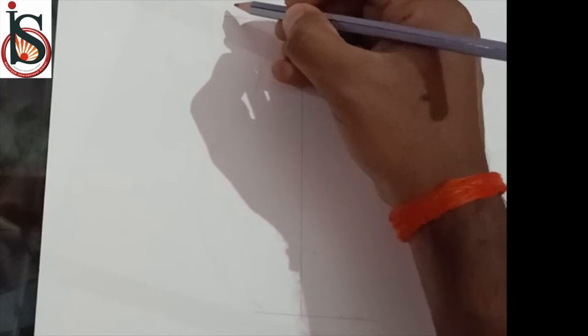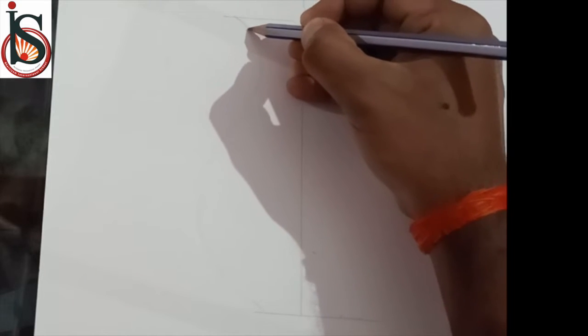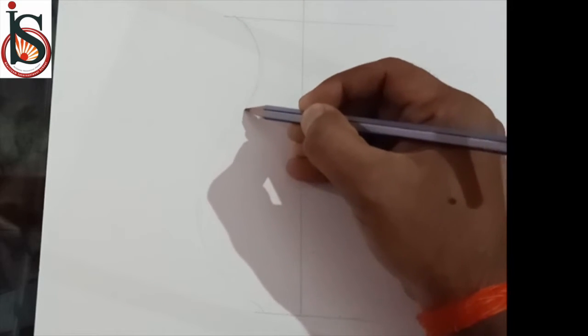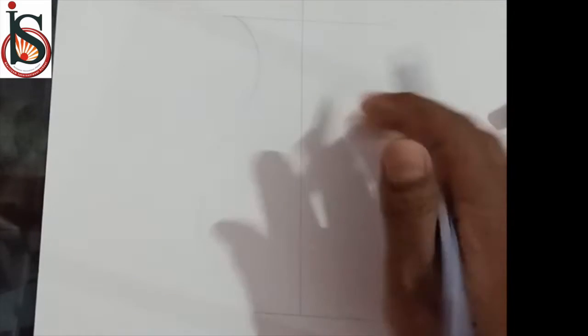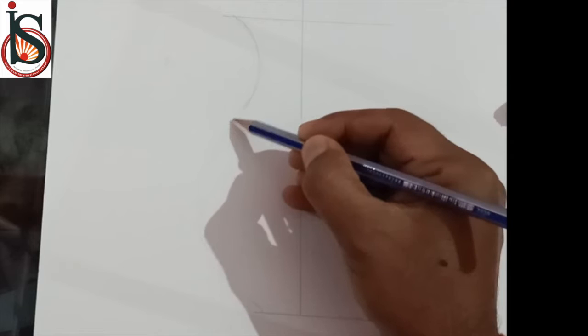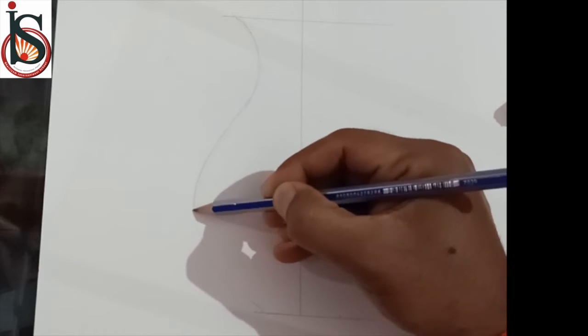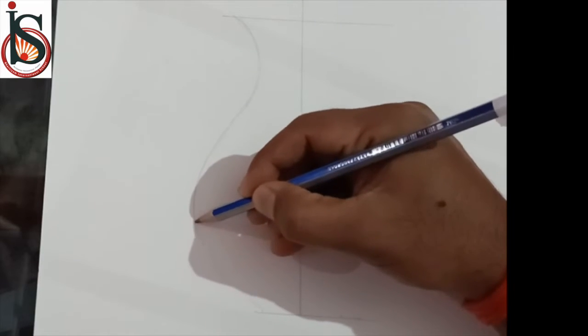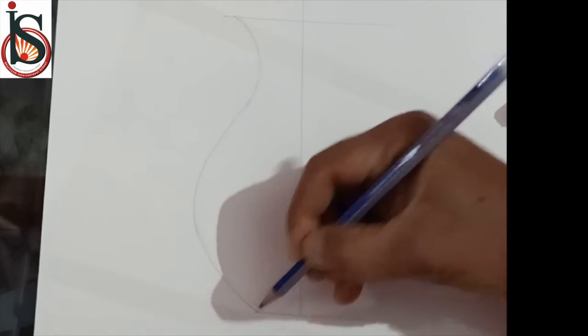Now what we will do, we will draw the half shape of the object. I am going to make one vase. So I will draw the half shape of the vase.